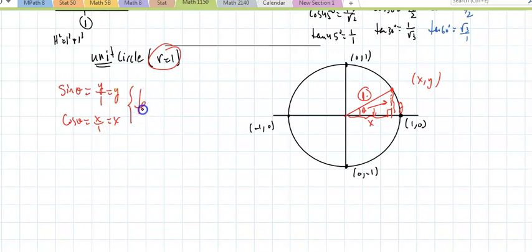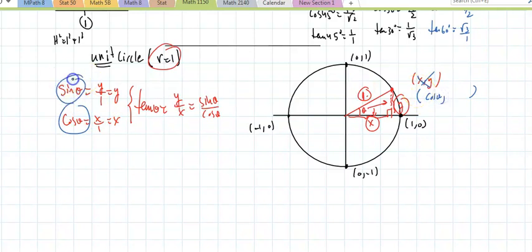And isn't tan of theta the opposite over the adjacent? So, do you believe now that in a unit circle, instead of x, I could say that's the cosine of theta, and instead of y, I could say that is the sine of theta, right?